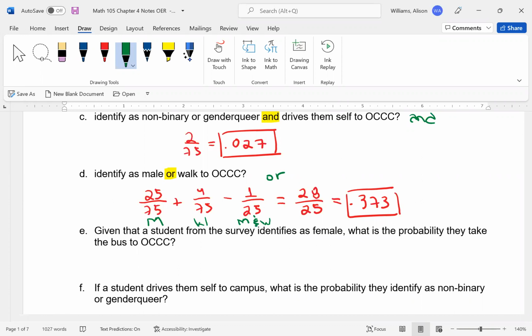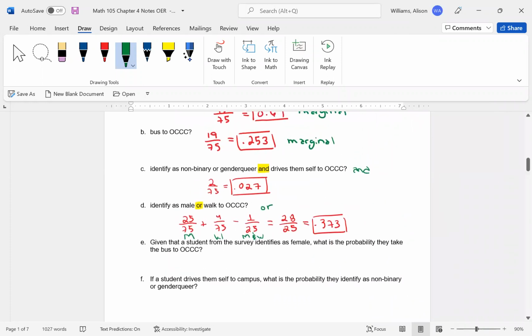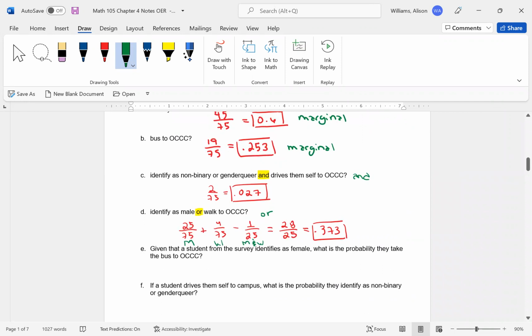Okay, so now back here again. Given a student from the survey identifies as female, okay, so that means they're giving us a condition. So this would be conditional. Oops, that's not how you spell conditional. In this case, the condition is that they are female.